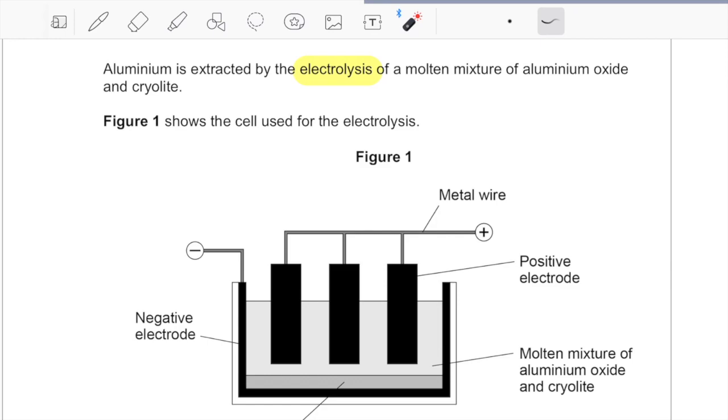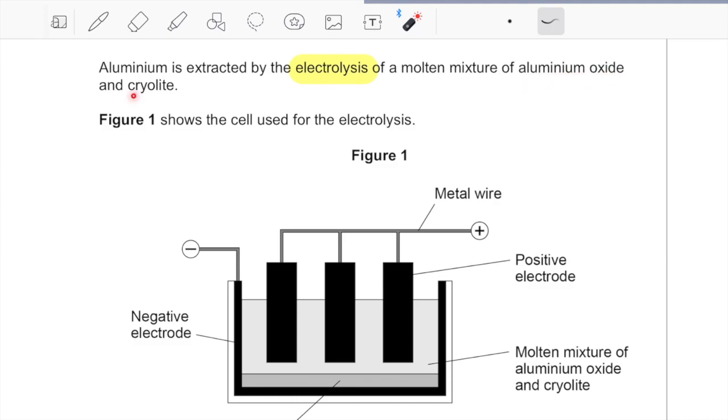So it's a mixture of aluminium oxide and cryolite. I don't think they ask us about cryolite in this question, but cryolite is a substance that aluminium oxide is dissolved in, and that lowers the melting point of the aluminium oxide, which saves money because we can do the extraction at a lower temperature.